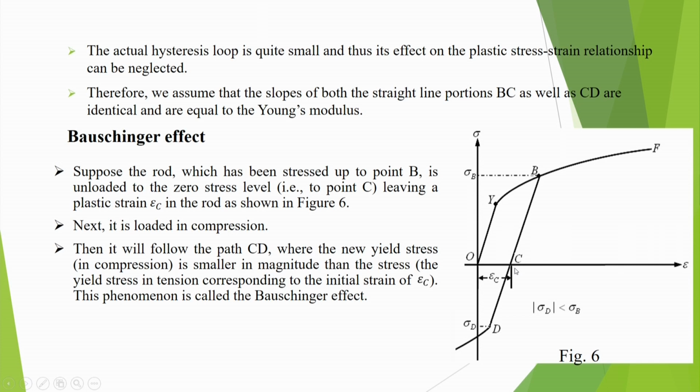Now, again you load, but this time you load in the reverse direction. So, the yielding will start at some point D. Ideally, we say that the strength in tension and compression is the same, so sigma B should be equal to sigma D. But you will notice that sigma D will not be equal to sigma B; instead sigma D will be less than sigma B. That means the compressive yielding will start a bit earlier.